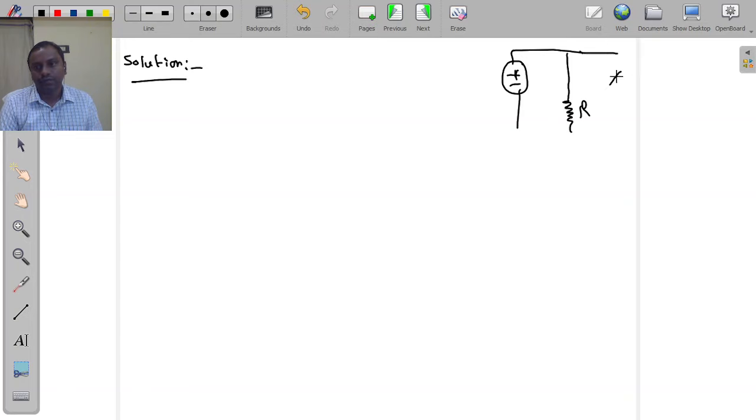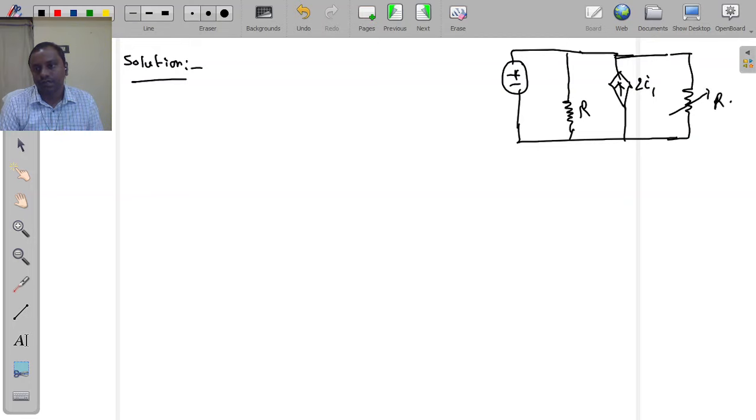Next, one dependent source is there. A is given as 2, so this will become 2I1. Now we need to connect Rx in parallel with the voltage source. This is the Rx in parallel, because the voltage source, R, dependent source and Rx are all in parallel.